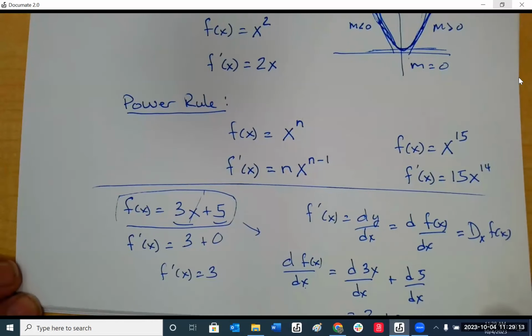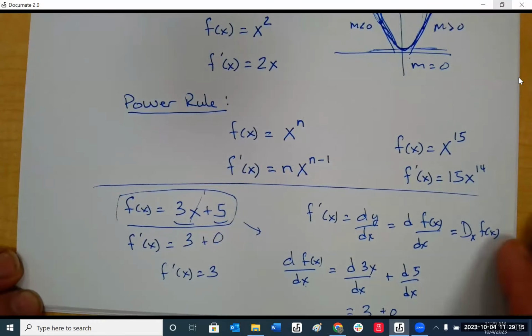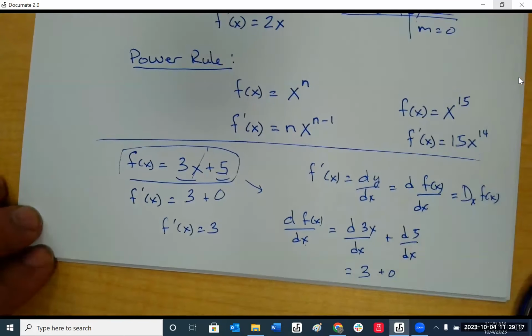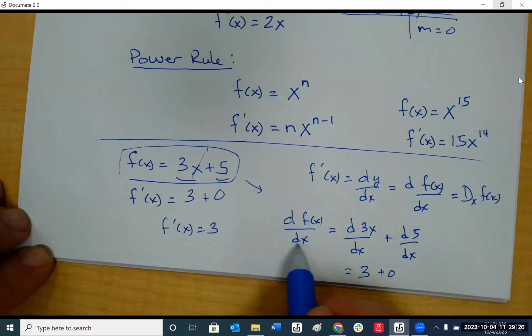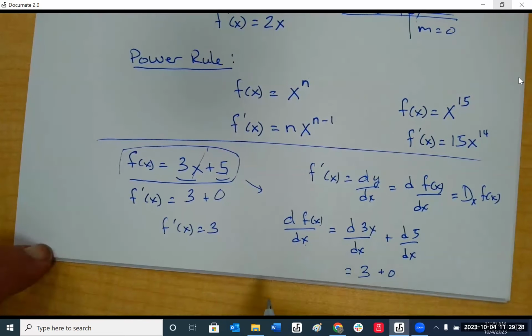Is the denominator the same, right? For derivatives, both denominators are the same. Well, the denominator tells us what variable we're taking the derivative with respect to. Because later on in this course, we're going to take derivatives with respect to x, y, and z, if you want to have a 3-dimensional function.